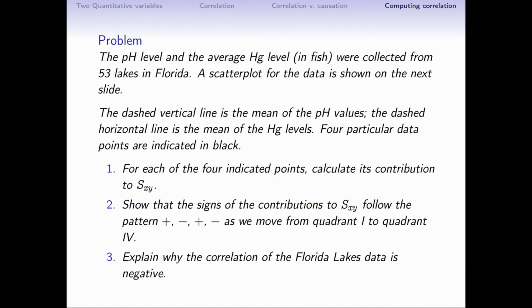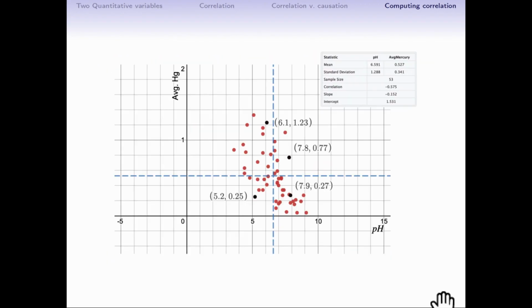The dashed vertical line is the mean of the pH levels, and the dashed horizontal line is the mean of the mercury levels. And 4 particular data points are indicated in black. Let's take a look at that. So what you can do is take all of these dots and project them down onto the x-axis and think of them as just the information carried in the pH data.